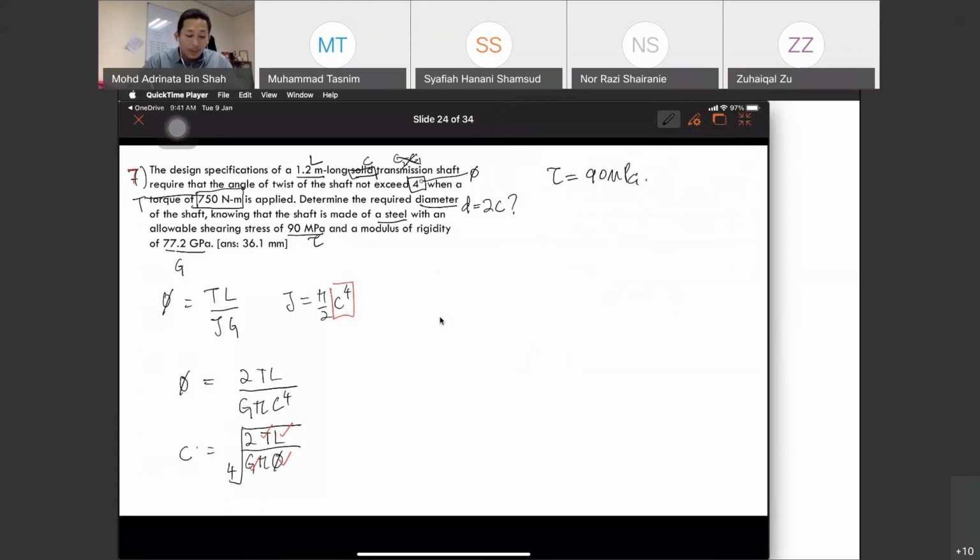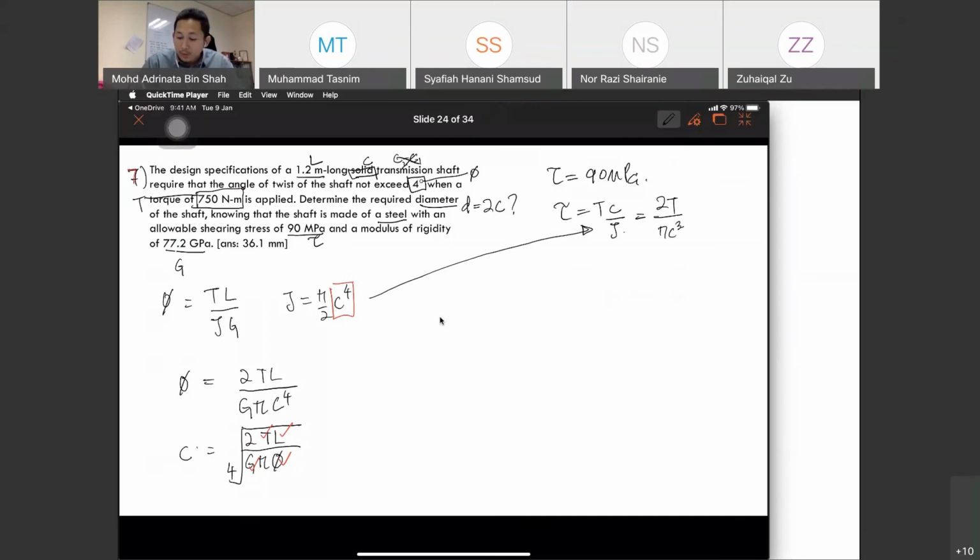So this depends on tau equals TC over J. Then you put J equals pi over 2 c to the power of 4. This one we put inside here, so we get 2T over pi c to the power of 3.